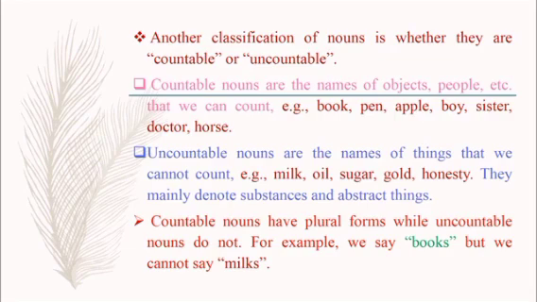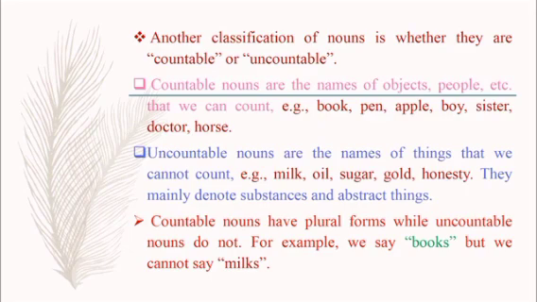that we can count. Examples: book, pen, apple, boy, sister, doctor, horse. Uncountable nouns are the names of things that we cannot count. Examples: milk, oil, sugar, gold, honesty.